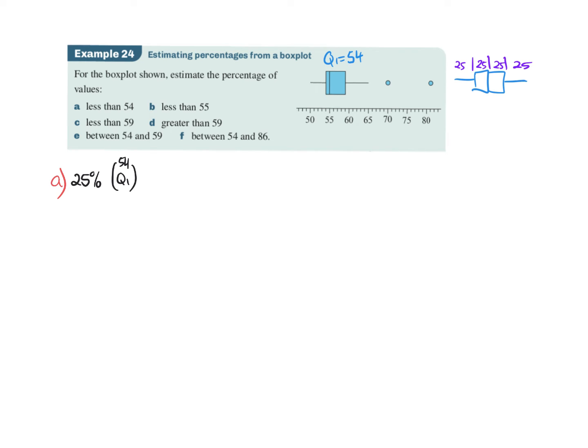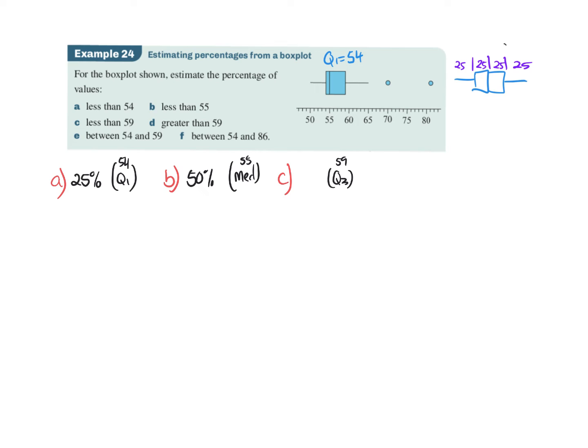Okay, if we go to the next question, B, less than 55. 55 is the median, so how many percentage is less than the median? 50%. So we'll just write, because the median is 55, yeah? Now C, what is less than 59? What is 59 to be? Yeah, Q3 is 59.